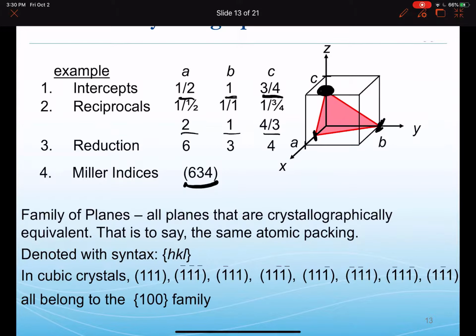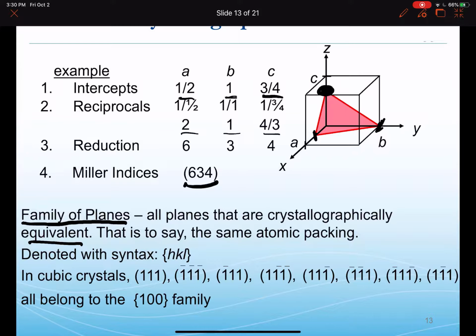Very good. Okay, and so like we saw before, we had a family of directions. We can have a family of planes. So in our similar ideas here, all the planes that are crystallographically equivalent, that is to say that they have similar atomic packing, how they bisect atoms throughout the lattice of the crystal. If another parallel plane has the same atomic packing, we can consider it as being part of that family of planes.